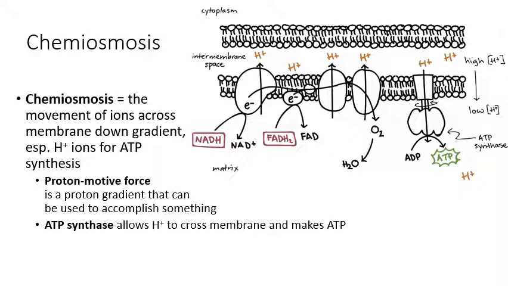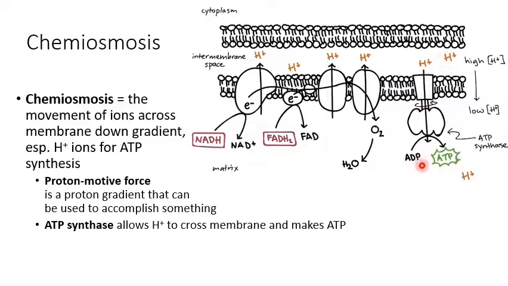There is a special enzyme that is used in chemiosmosis to actually make ATP. It is called ATP synthase. So that is the enzyme that's illustrated here. This is ATP synthase. This enzyme is going to allow protons to flow across the membrane. So it has a little ion channel in there for them to go across.